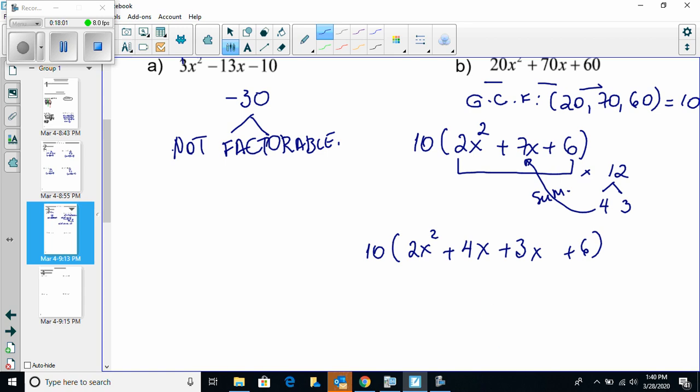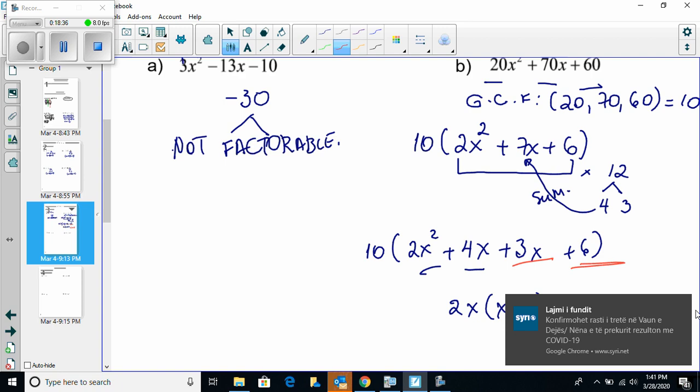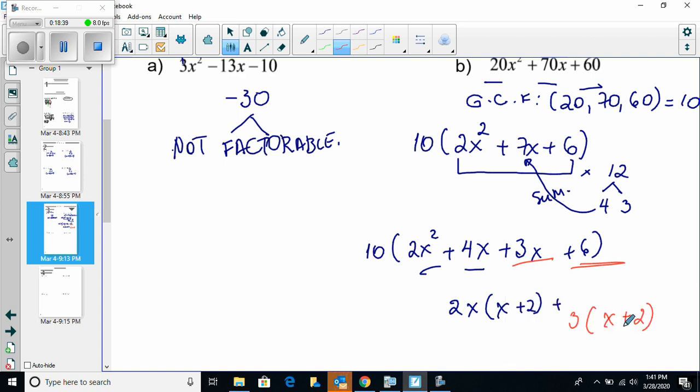In between those two groups, x squared and 4x, the common factor is 2x. And then what is left in this case will be x plus 2. And then between those two other terms, what is common is 3. And what is left when we take away 3 as a greatest common factor is x plus 2.